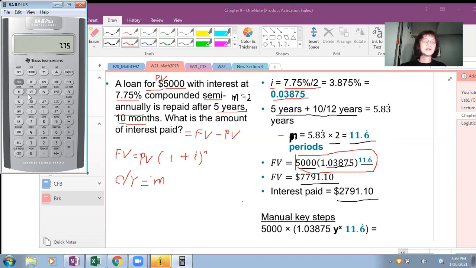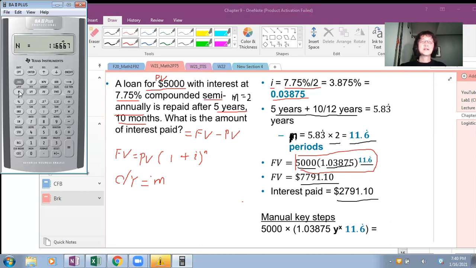So IY represents the nominal rate. And then you need to type in the term N. 5 years 10 months is the same as 11.6667 half years. So type 11.666667. This is term N.